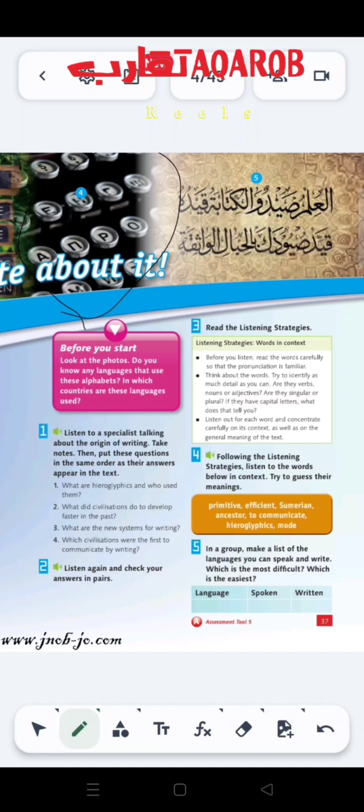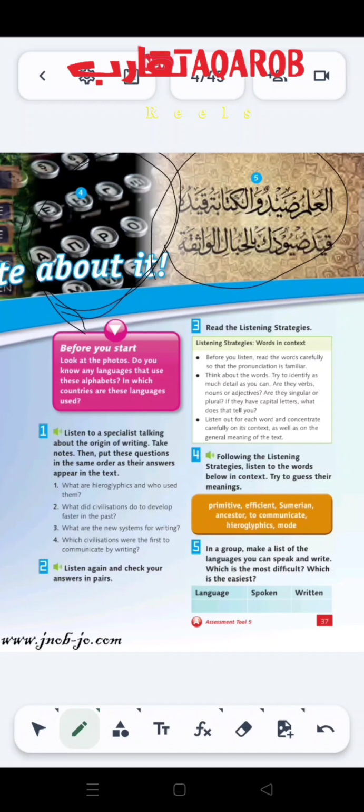So these are old Russian letters they used in their language. And picture number 5, it's an Arabic calligraphy. So as you can see from the pictures, this module talks about the evolution of writing throughout history and the types of alphabets in the past and nowadays.